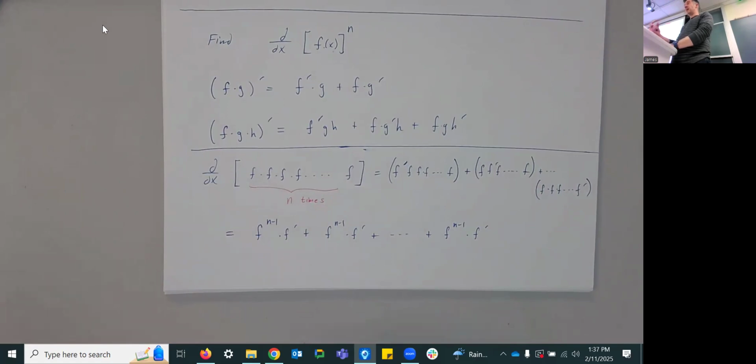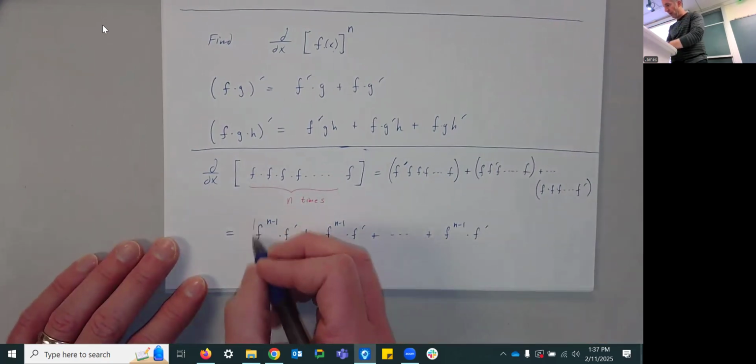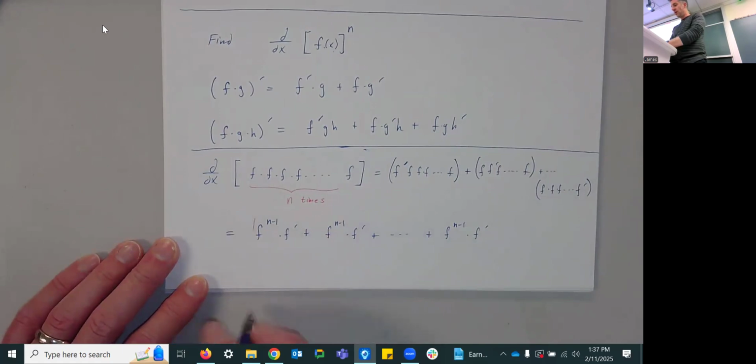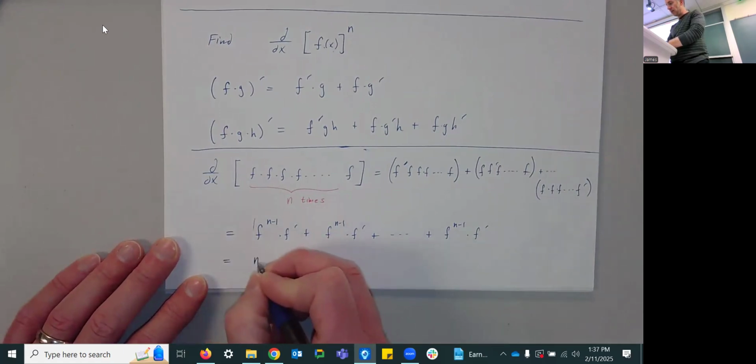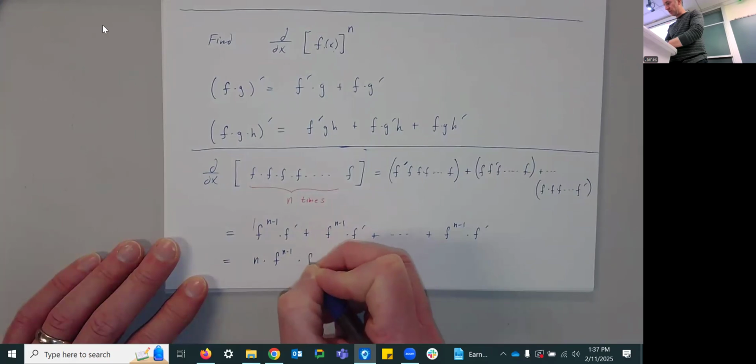So if I'm adding the same thing together n times, it's like if I had 5 plus 5 plus 5 n times, it'd be 5 times n. This is going to be that thing, just one of them, times n. So it's going to be n times your function to the n minus 1 power times the derivative of your function.